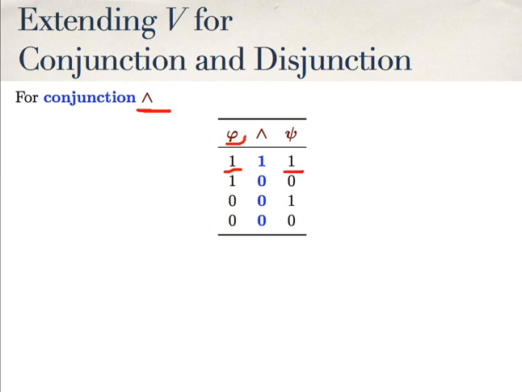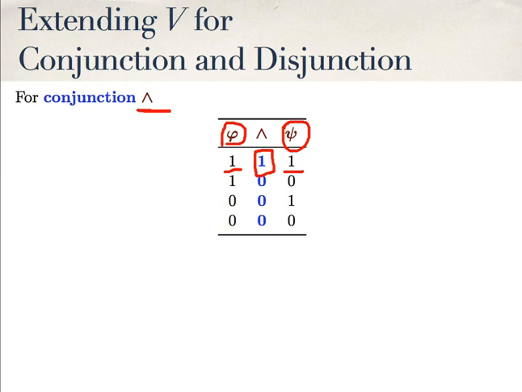Phi and psi are our arbitrary formulas. So if we have assigned a truth value to the two of them, then the truth value of the conjunction will be 1. So if both of them have value 1, then the conjunction of phi and psi will also have truth value 1.